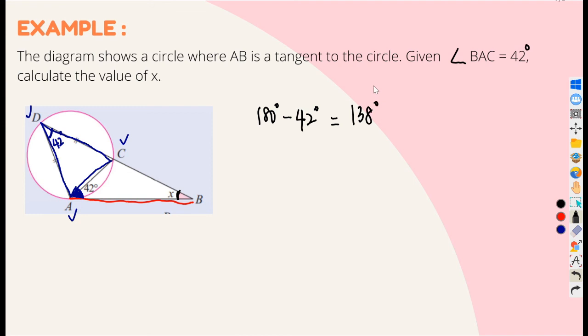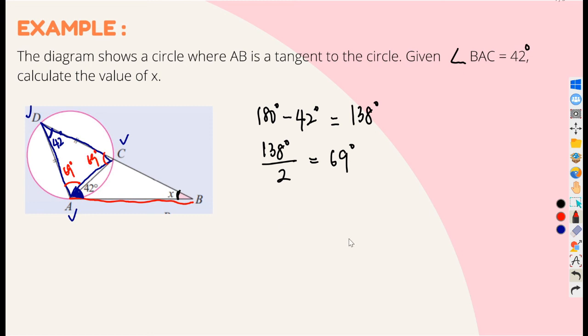Then 138 divided by 2, you will get 69 degrees. So angle at A and C is actually 69 degrees. So this one is 69, and this one also 69.